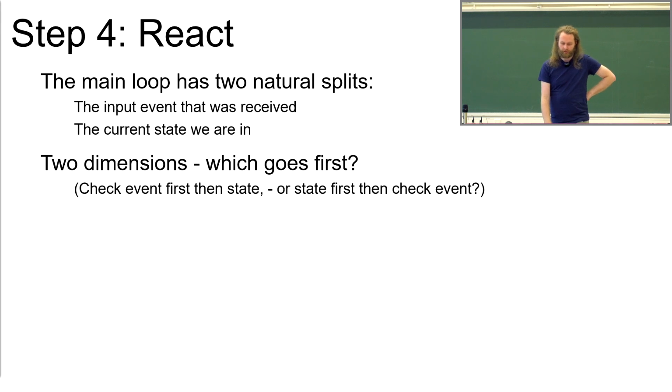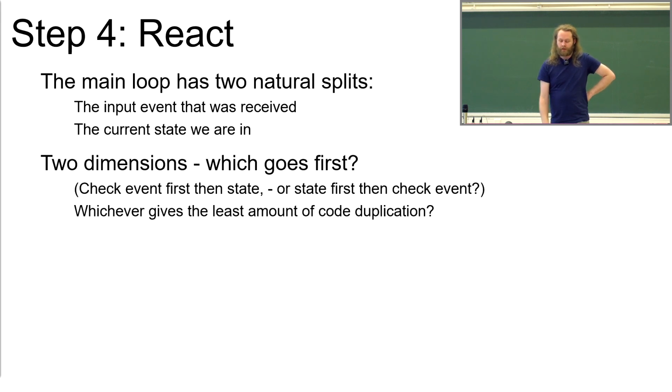And we need to develop some amount of intuition for what is the best approach here. Should you lean in one direction? Should you lean in the other direction? Should you always do one of those two, or should you try both and see which one fits best? One suggestion is whichever gives the least amount of code duplication.